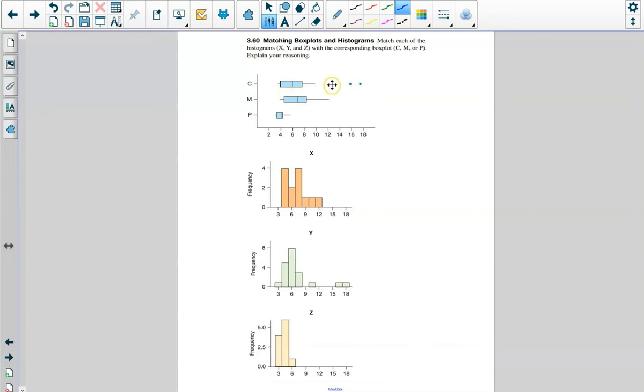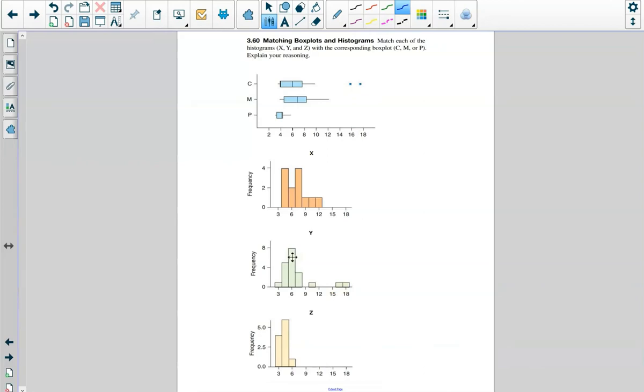That means C should match up with Y, because in here you see the gaps. There's a big gap here. Plus, these are out here at 18, and this guy looks to be maybe 17, could be 16. So that explains these two dots right there. So C and Y definitely match up.